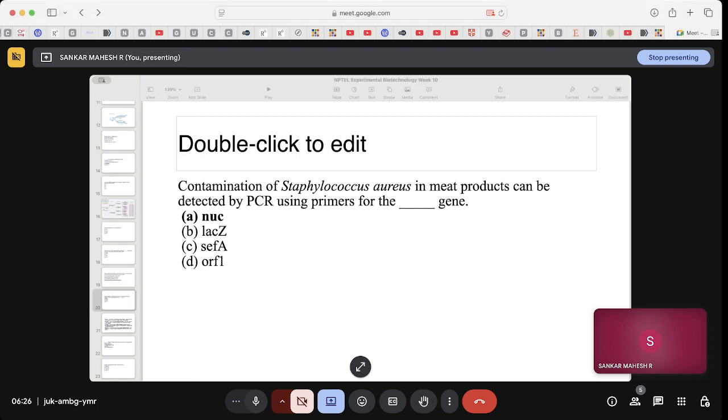We'll start from that, and then we'll go to the NUC gene.